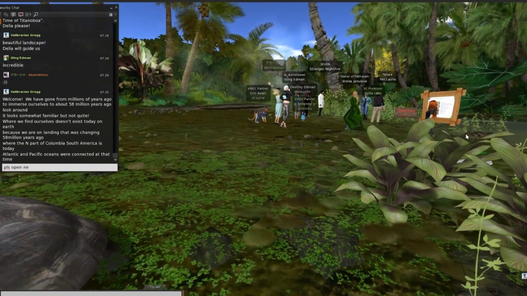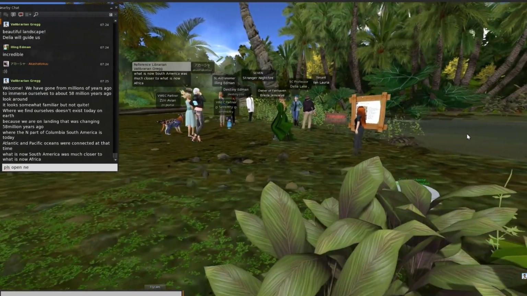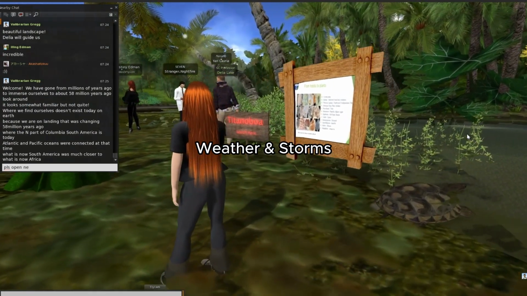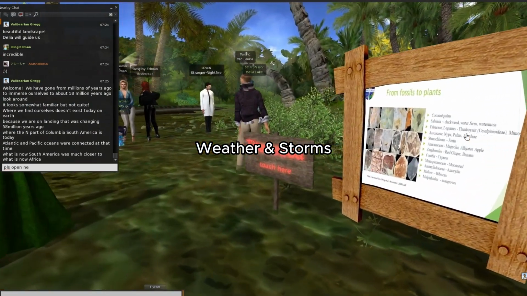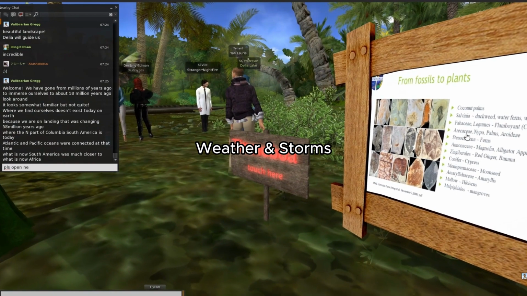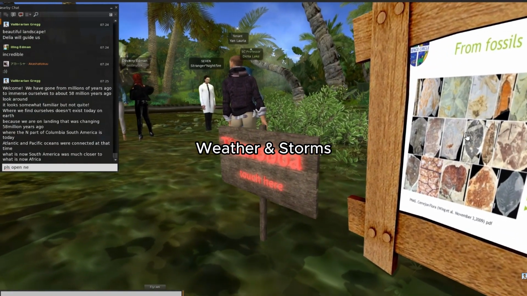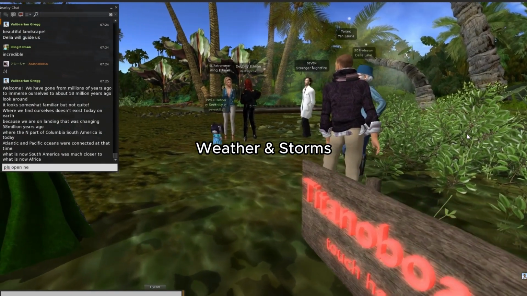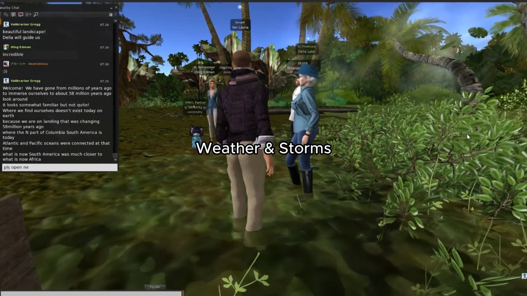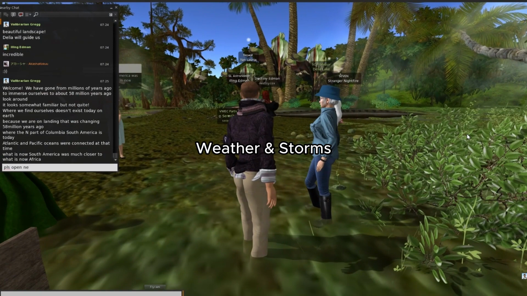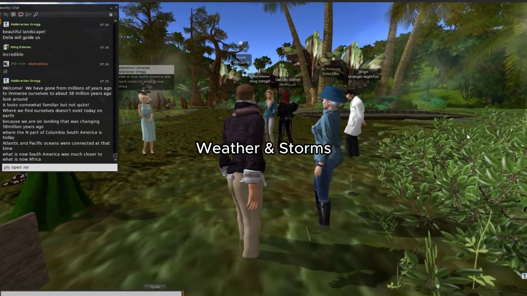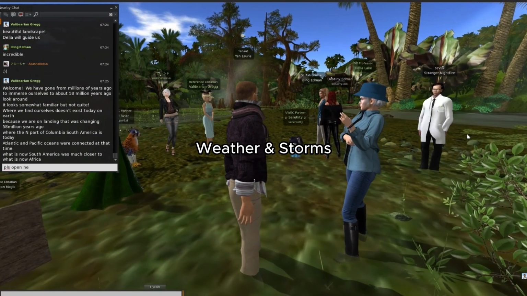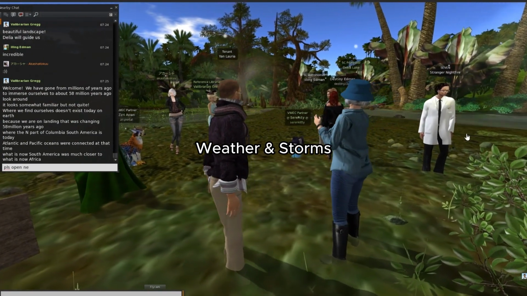One is about weather and storms. Today, when you have the big storms coming across the Atlantic, they come across in 4 or 5 days. So they can pick up a lot of moisture. But at that time, the longest it would have taken storms to move across would be 2 days.